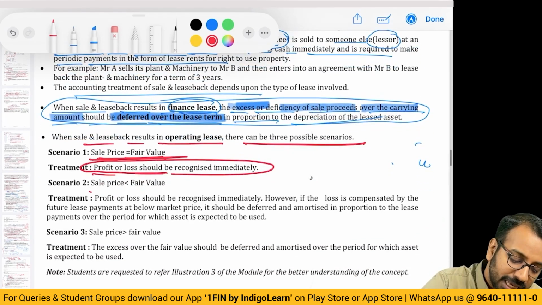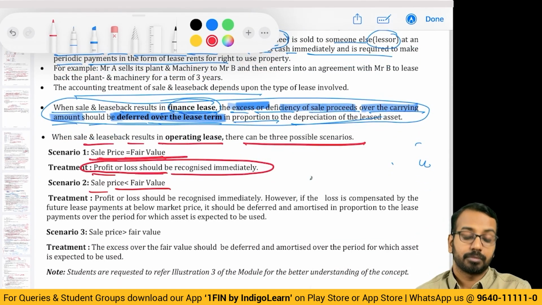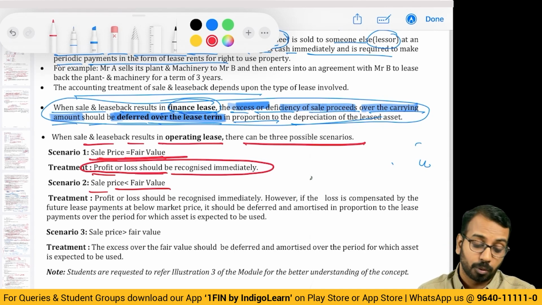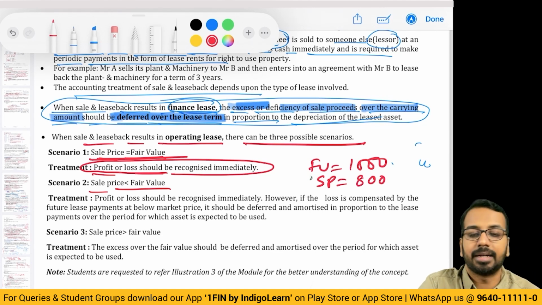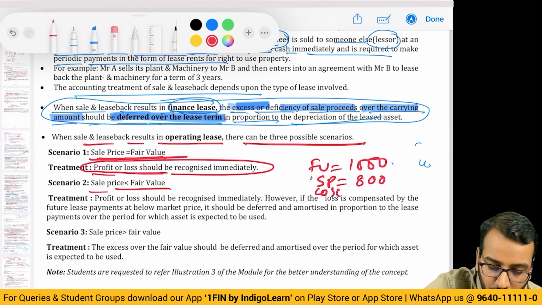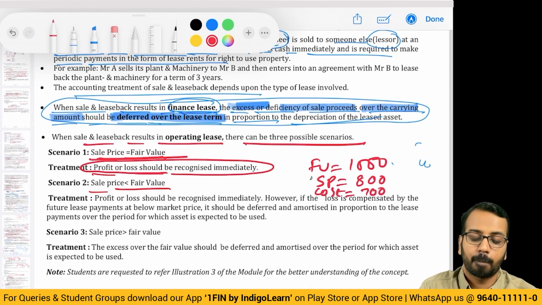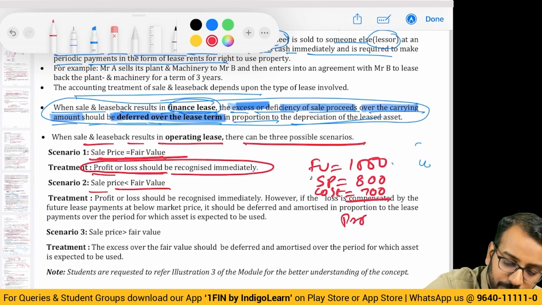Then, if sale price is less than fair value, what does that mean? Fair value is, let us say, 1000, selling price is 800, and let us say cost for me is 700. So, what is my profit? Profit is 100.